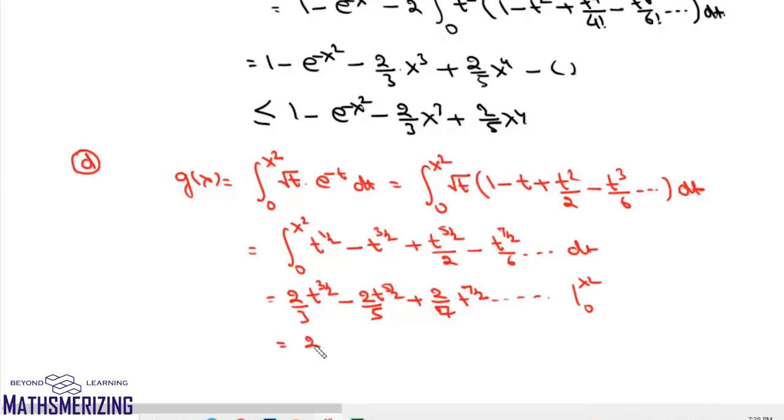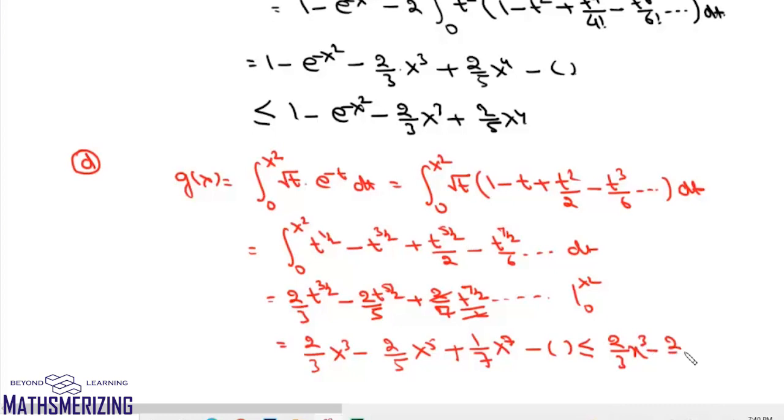So we'll get this value as 2 by 3 x cube minus 2 by 5 x to the power 5 plus, now here we have this 2, so this 2 and 2 will cancel, so we'll get 1 by 7 x to the power 7, and then we have this minus sign, so it will be minus some value. So that means it will be less than or equal to 2 by 3 x cube minus 2 by 5 x to the power 5 plus 1 by 7 x to the power 7. So the correct option is this option D.